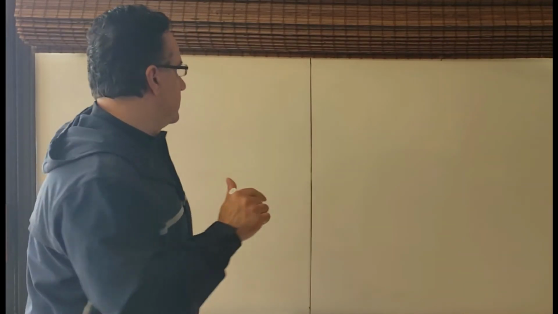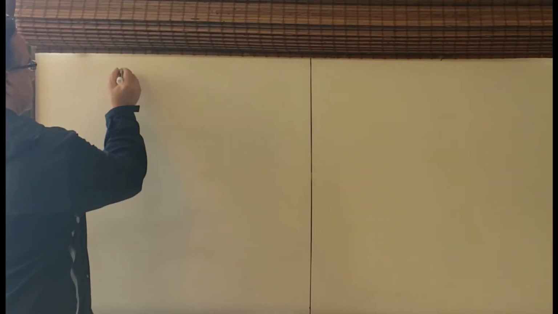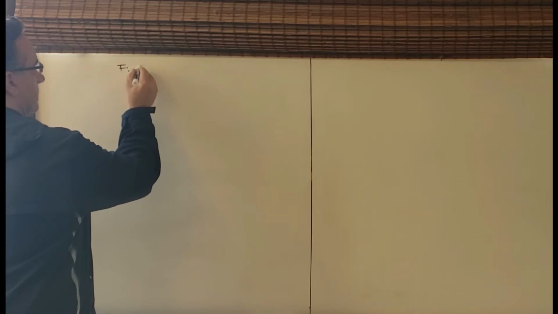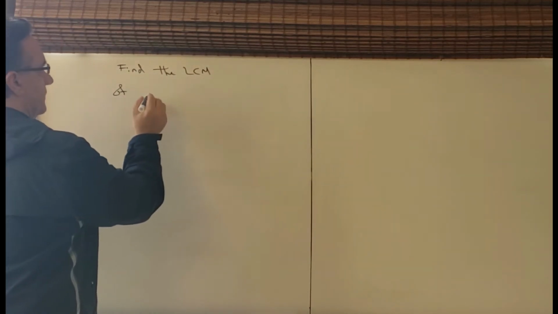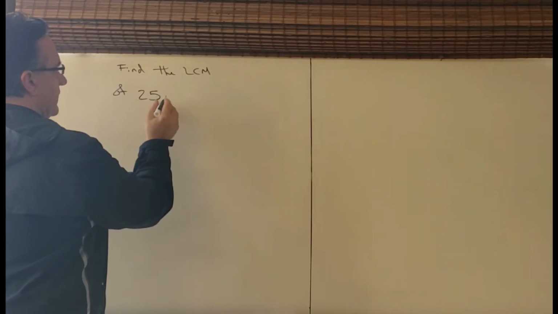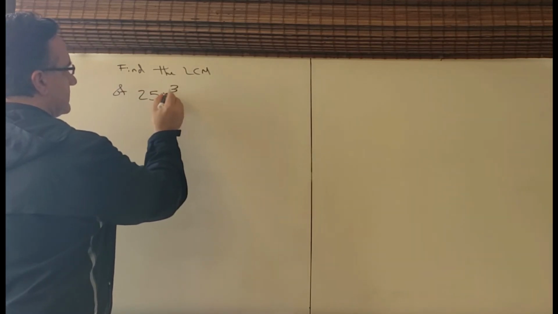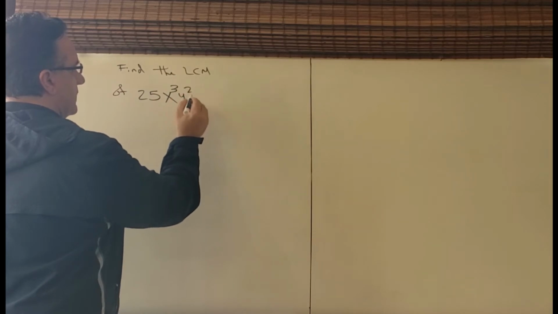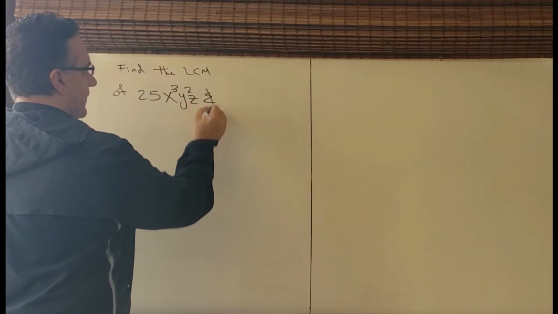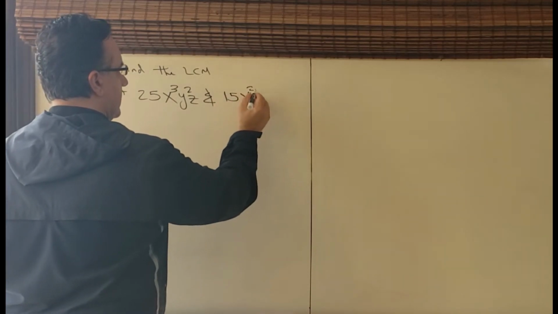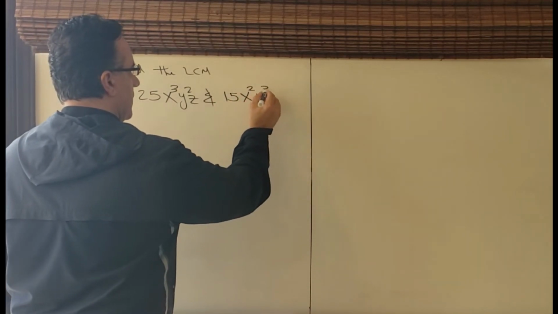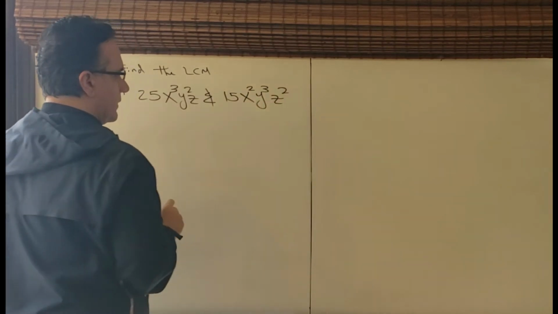Okay, so now let's take a look at the LCM for two variable expressions. For example, let's find the LCM of 25 x cubed y squared z and 15 x squared y cubed z squared.